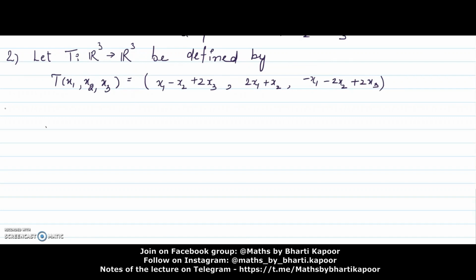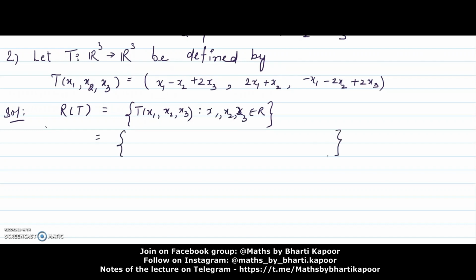Range of T is equal to the set of images of all such elements of R cube where x1, x2, x3 are real numbers. What is T(x1, x2, x3)?